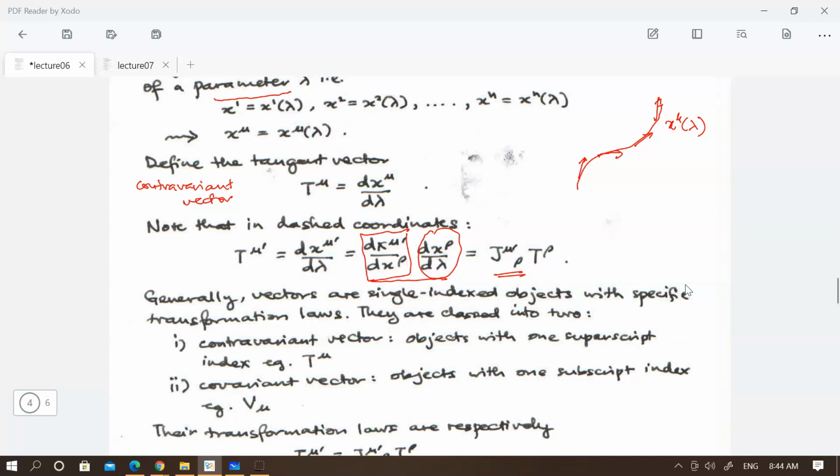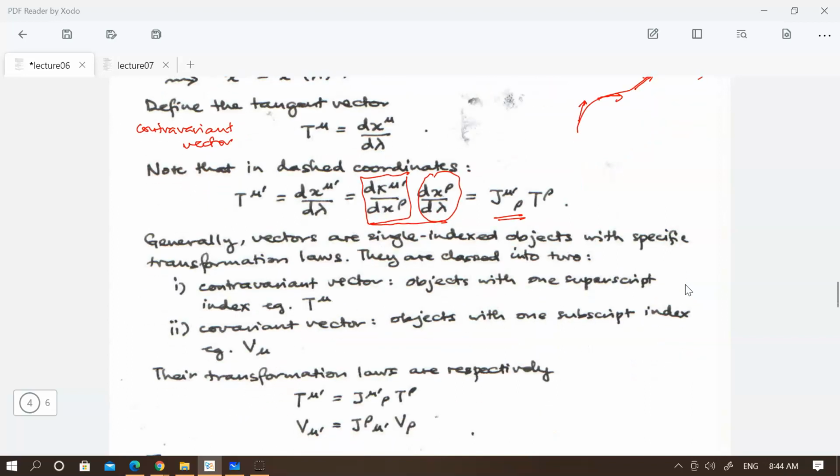So that tells us these objects, covariant and contravariant, are two different kinds of vectors. And in relativity, this is really a crucial point because they behave differently later on in special relativity.